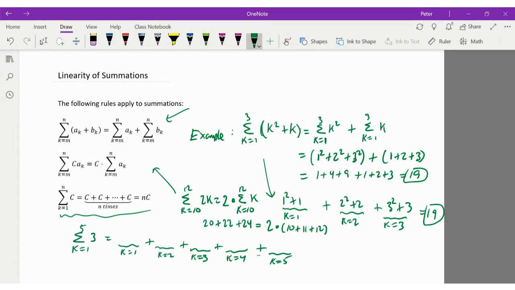So these are the k equals 1, 2, 3, 4, and 5 terms. Here's the expression after the sigma. Every place I see a k, I replace it with the value of k, but k doesn't appear anywhere in the expression, so there's nothing to replace, and I just get 3 plus 3 plus 3 plus 3 plus 3, which is 5 times 3, or 15. So that's what this expression means.